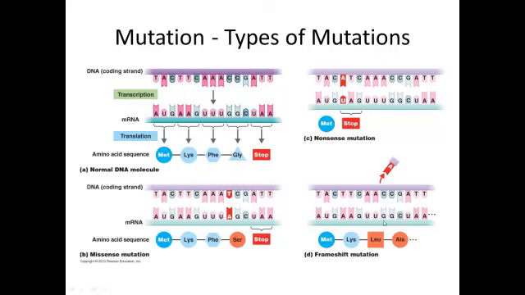Everything from this mutation on down codes for a different amino acid. I like to use the Scantron example. If I accidentally skip a bubble or skip a question, but for the next one I still bubble in that same one, then for the questions down below, everything is wrong, even though I got it right. This can seriously harm the microbe.